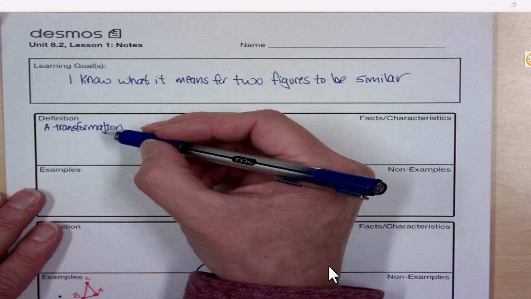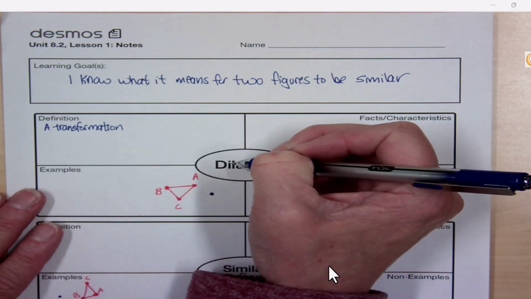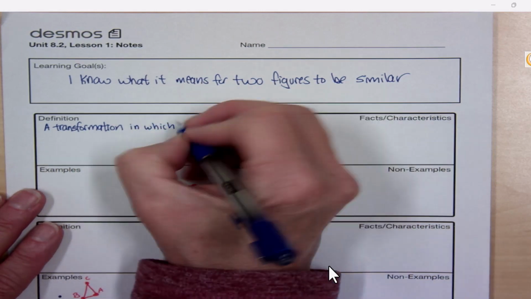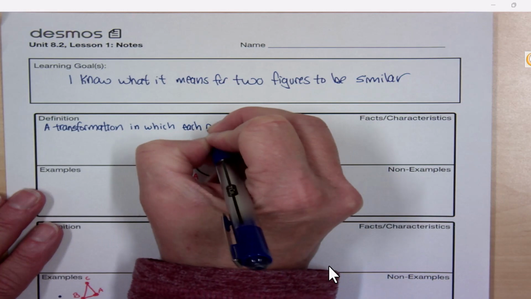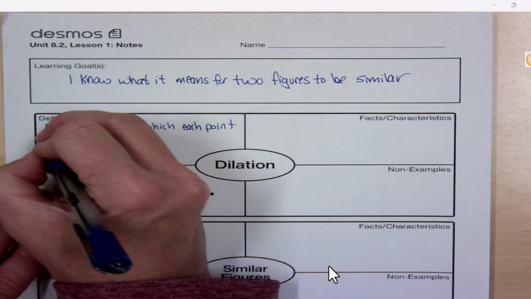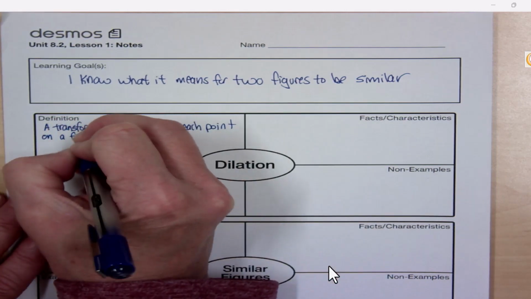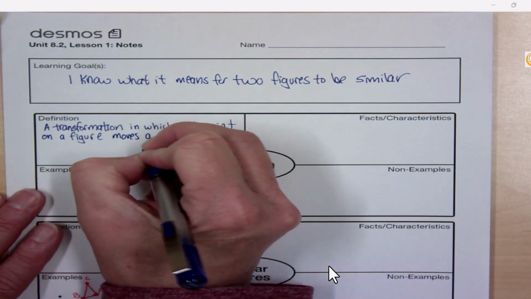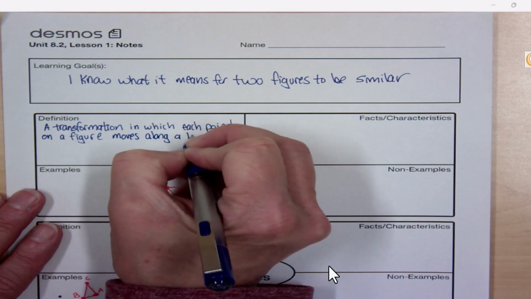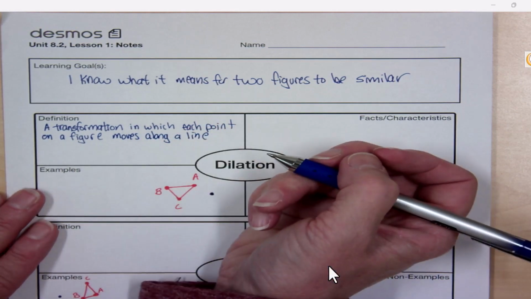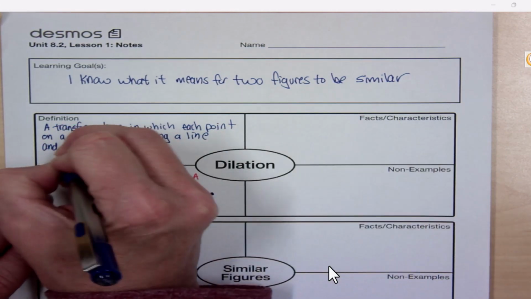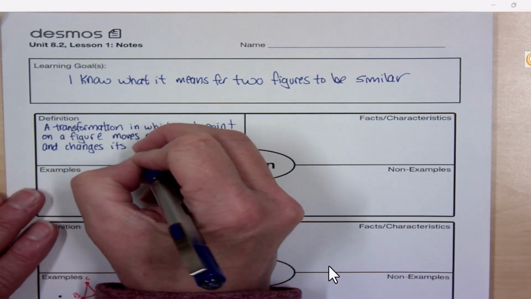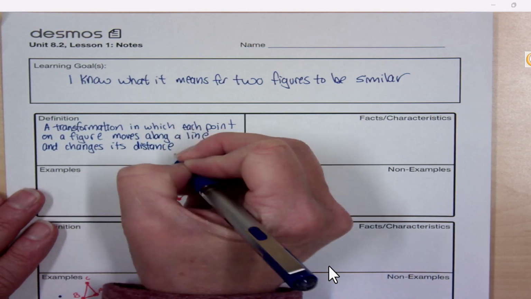But this new kind of transformation is a dilation in which each point on a figure moves along a line and changes its distance from a fixed point.